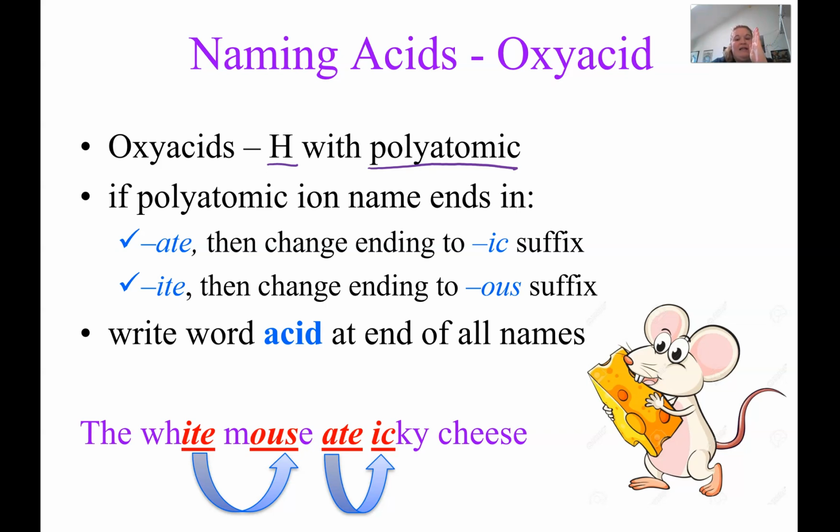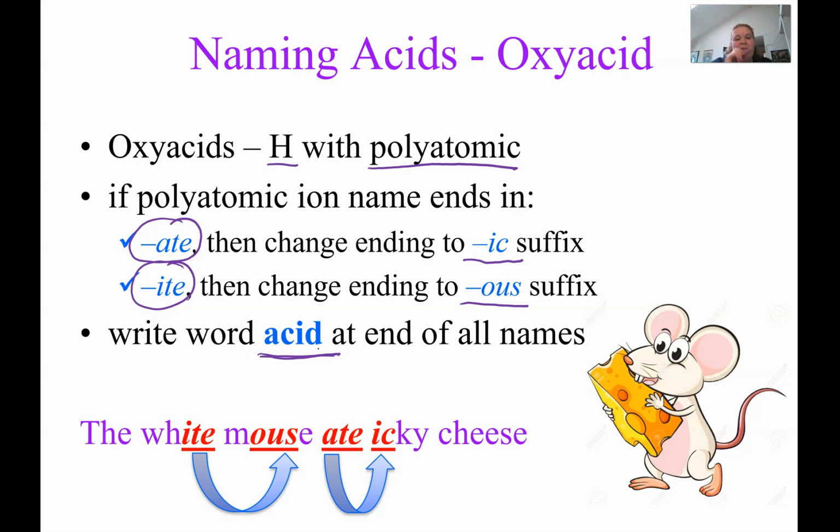So they were all ended in either ate or ite. If our polyatomic name ends in ate, then we change the ending to "ic" and throw the word acid on the end. If our polyatomic ends in ite, we change the ending to ous, O-U-S, and again, add the word acid to the end.